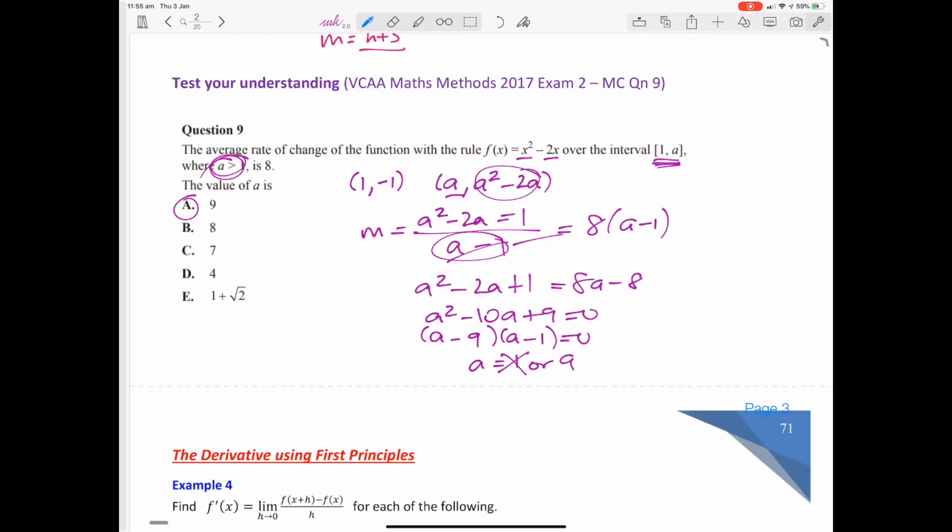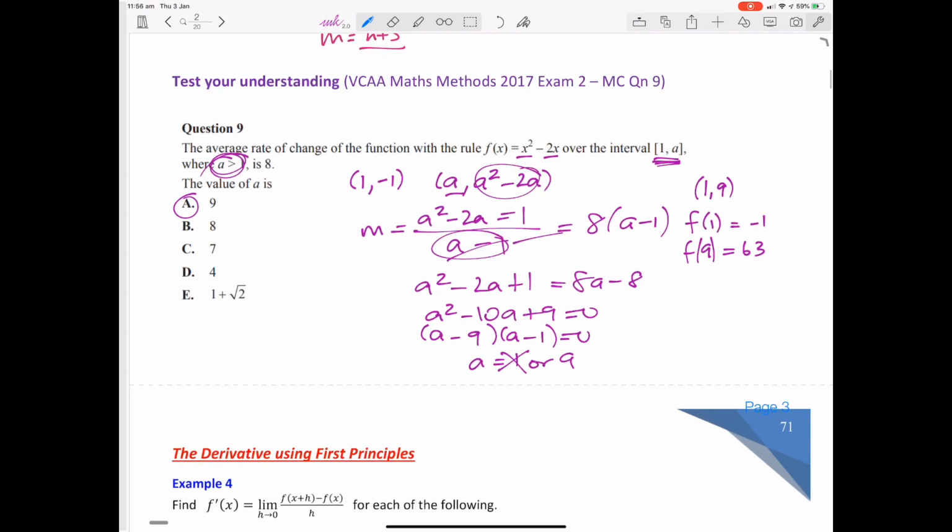So if it was the point 9, f of 9 is 81 minus 18, which is 63. f of 1 is negative 1. So m is 63 minus negative 1 on 9 minus 1.